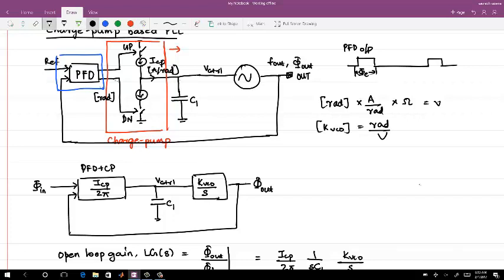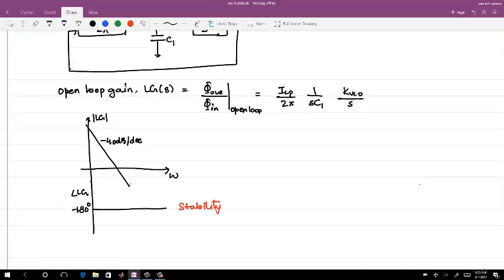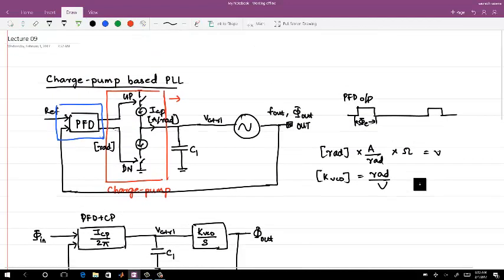Integrator realized with a voltage source, assuming the gain of the amplifier is infinite, that is an ideal integrator which you can realize. Whereas a charge pump plus one single capacitor gives you the characteristics of an ideal integrator.